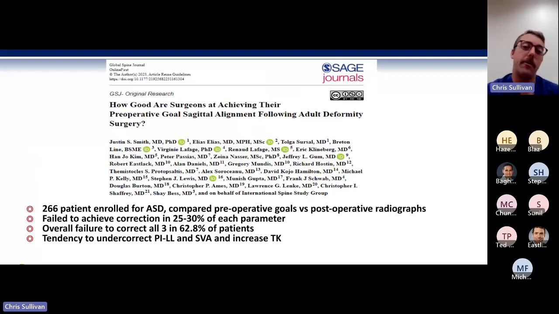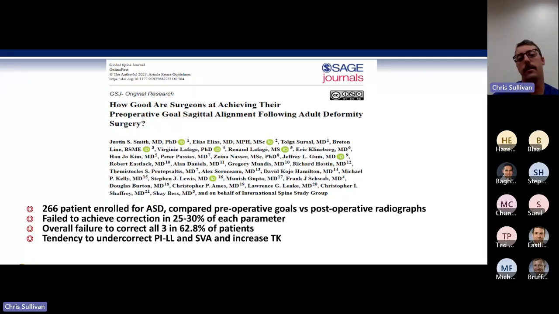And then overall, how good are we at achieving all of these goals we were setting out in terms of our sagittal alignment? This is a 2013 study, which had 266 patients who had adult spinal deformity, and compared what the surgeon had as their preoperative goals with their postoperative radiographs.